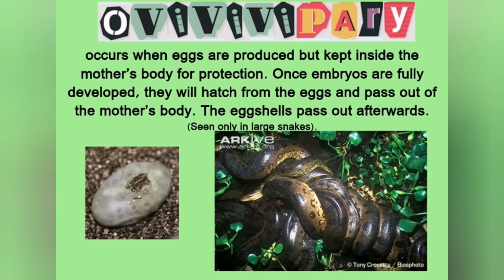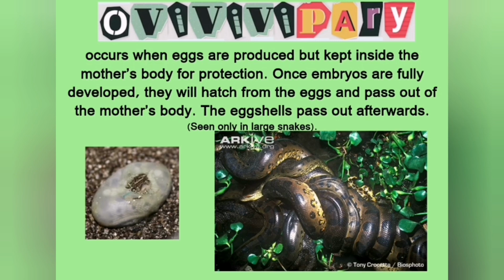So when you look at it, you're going to think that this snake is giving live birth, while in fact there were actually eggs, but mommy kept them inside her body. And then only after the babies were born, they passed out of the mom's body, then the eggshells come out. So that's why we call it ovivivipary.